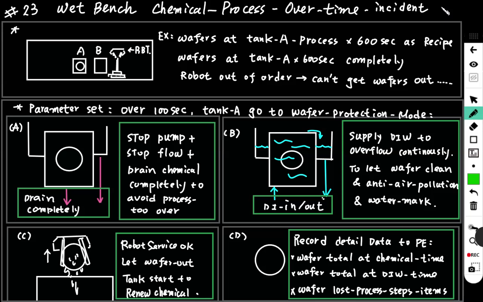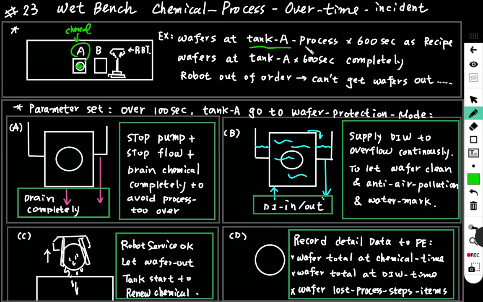Hello there, we are going to talk about the wet bench chemical-process-overtime incident. For example, we got a wafer inside the process tank A, the chemical tank. Wafer at a tank with chemical.